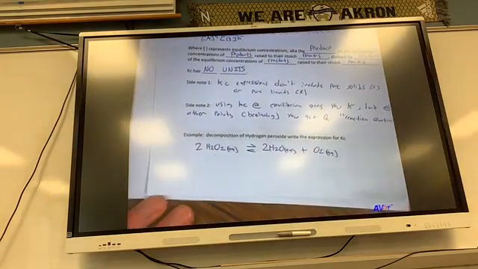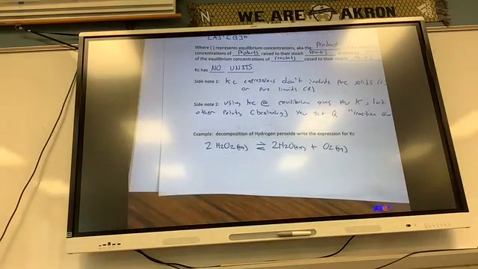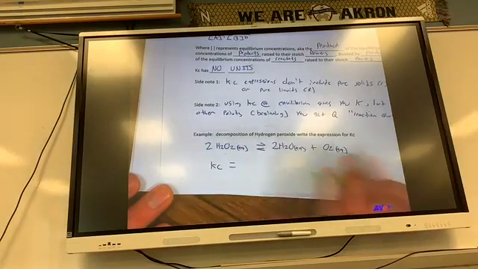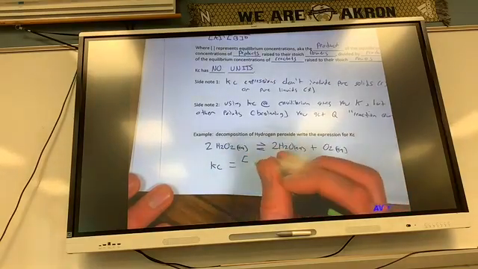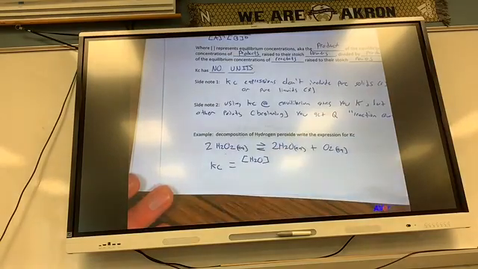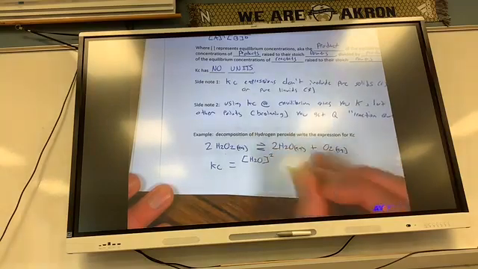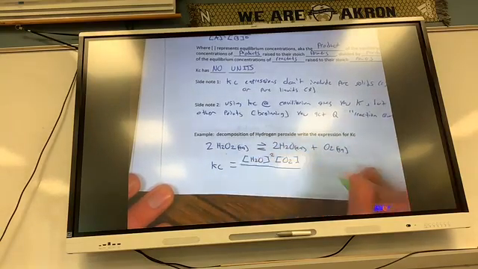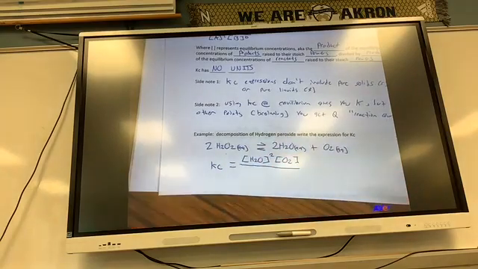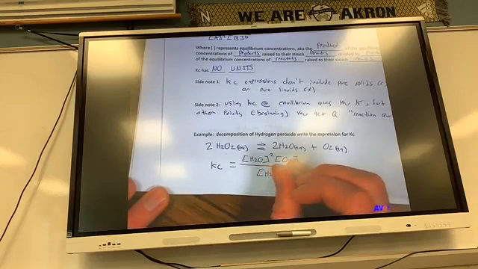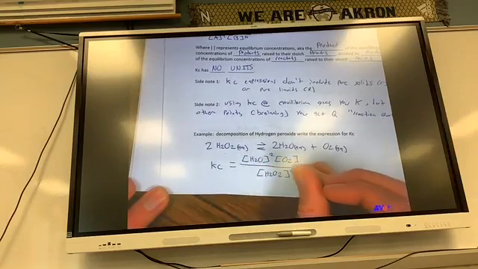No. So there'd be a 2 here, 2 there. So if I needed to write the K expression for this, I would say Kc is equal to the concentration of H2O to the second times the concentration of O2 over, you don't have to write it because we know it's first, the concentration of H2O2 to the second.